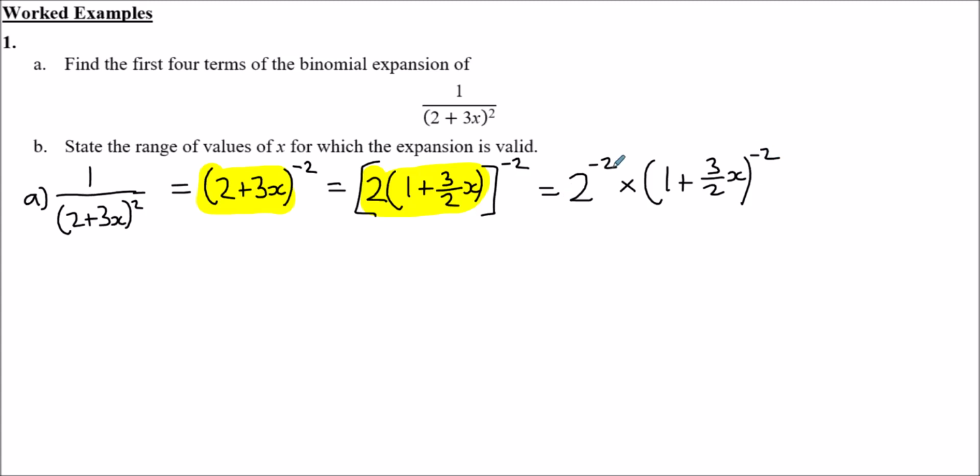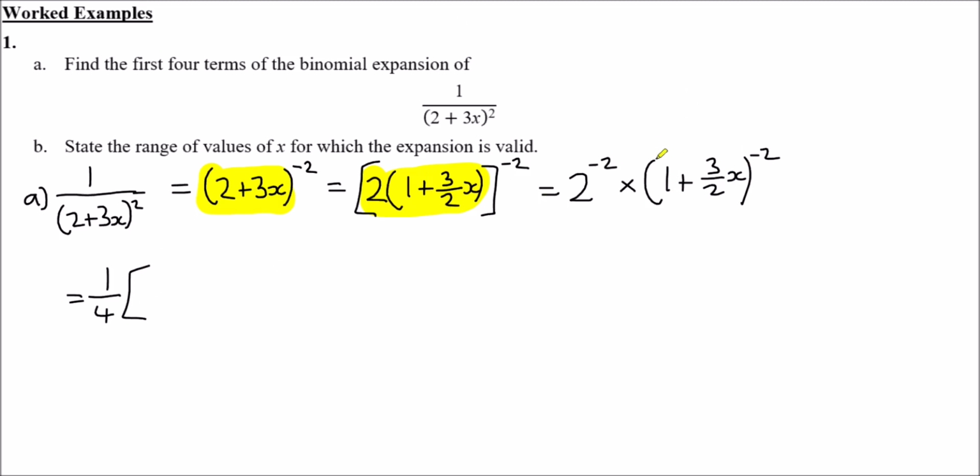Now 2 to the power minus 2 is a quarter. So this is all the same as a quarter of this binomial expansion. So now we can perform the binomial expansion on this thing here.